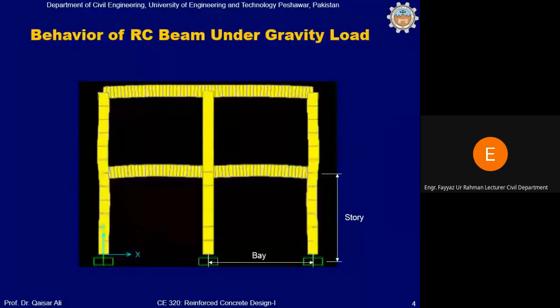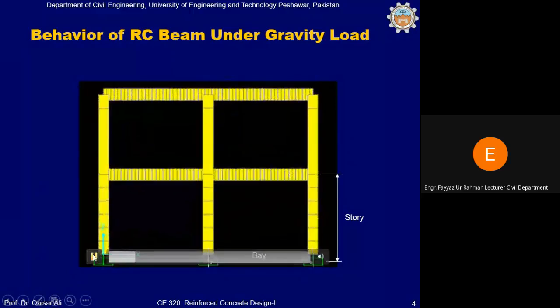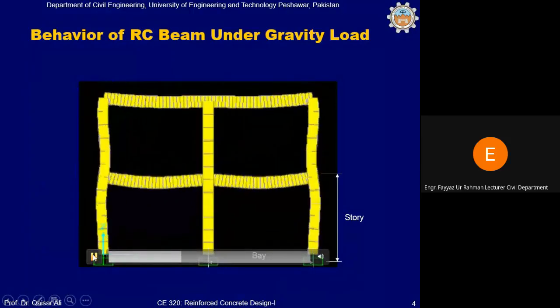This is how a reinforced concrete frame will behave when it is subjected to gravity loading.